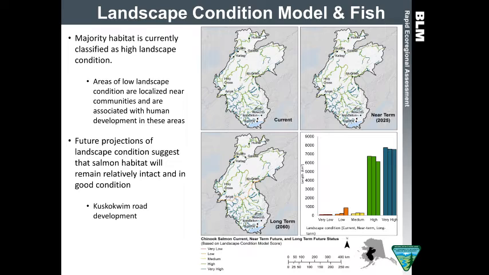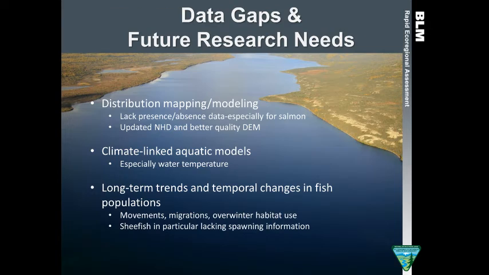And this is a figure for Chinook salmon habitat, but all of the fish species look similar. They're all classified as high landscape condition currently and out into the future, except for that Kuskokwim road here that we've talked about a little bit. So other than that, the landscape status is fairly high.